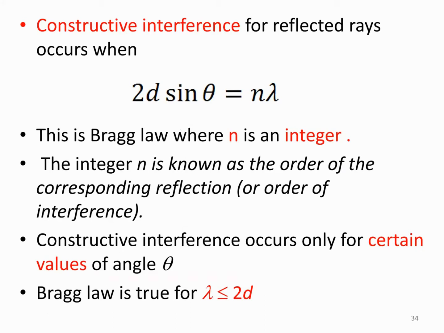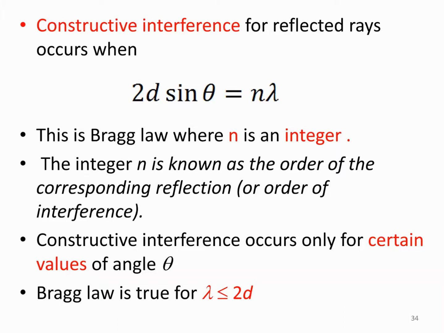So based on the Bragg law, we know that the constructive interference for reflected rays will only occur when 2d sine theta equal to n lambda has been fulfilled. So this is Bragg law, where n is an integer. The integer n is known as the order of the corresponding reflection, or we call it the order of interference. Constructive interference occurs only for certain values of angle theta.